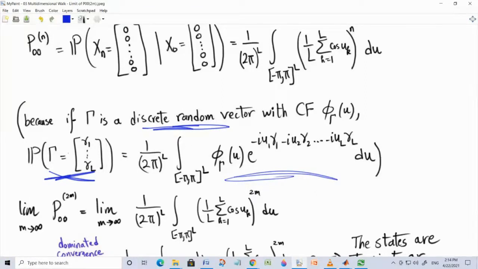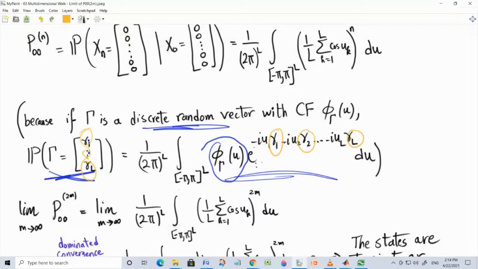Simply, you want the probability that your random vector is equal to, the first component is equal to gamma 1, the second component is equal to gamma 2, and so on. Basically you take the characteristic function and multiply by e to the minus i u1 gamma 1 minus i u2 gamma 2, and so on. Note that those gammas are the values at which you want to compute the probability.